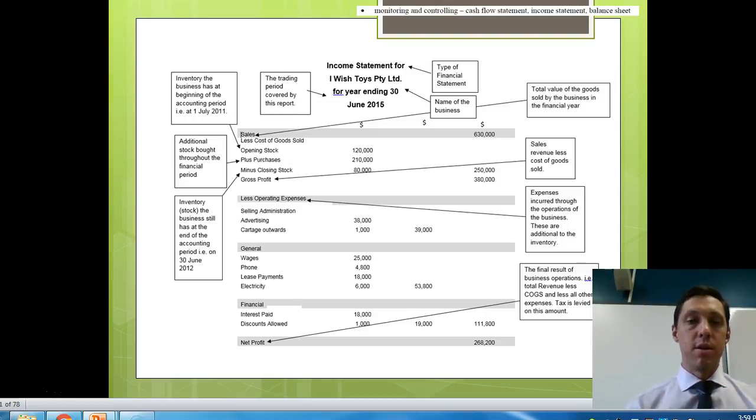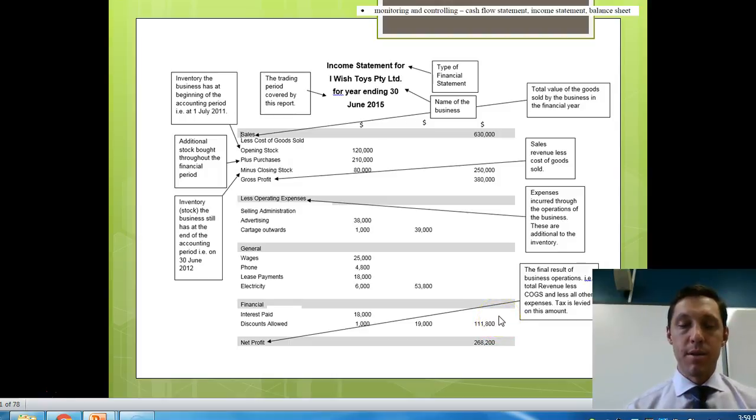Okay, but we've only considered costs from the perspective of the stock, but we must consider all our other expenses. So in this case, wages, phone, electricity, advertising costs, transport, some interest, all those other expenses that a business incurs as part of its general business activity or day-to-day running of this business. And their total expenses, if you add all those expenses up, came to $111,800.